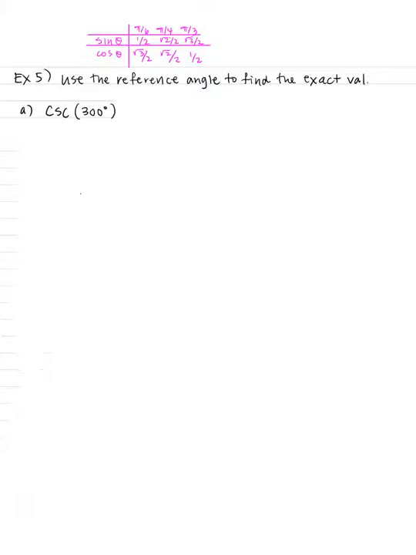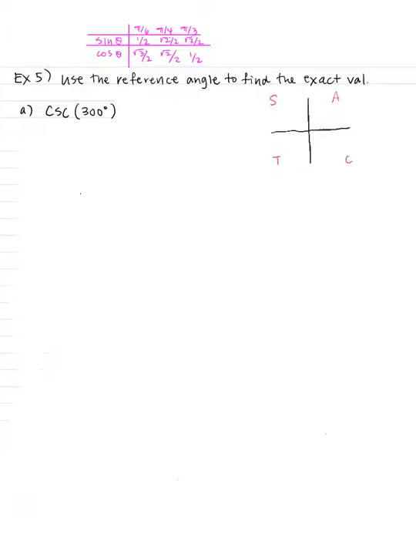Okay, example time. All right, so let's call this one example 5. Use the reference angle to find the exact value. The first one, let's go with cosecant of 300 degrees. So step number 1, always draw that picture out. Let me just draw where the 300 degrees is going to lie. Before I forget, let's write down the positive quadrants: All Students Take Calculus.